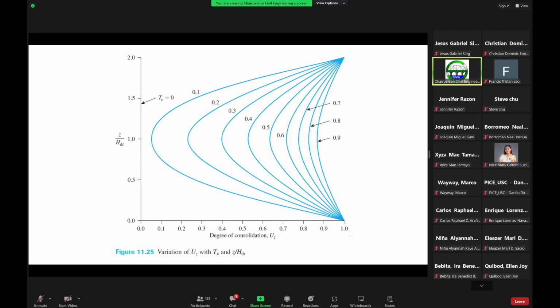And so yes, this is shown in this figure here.